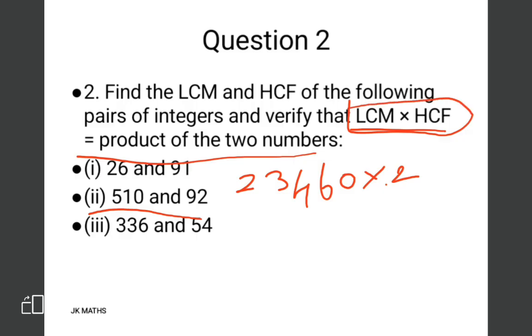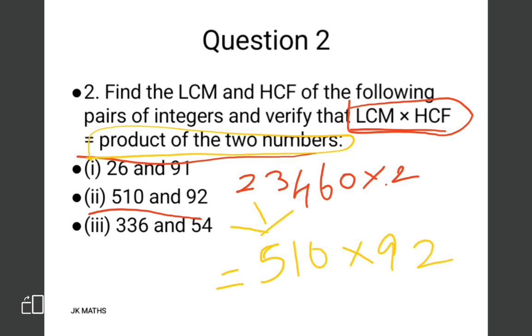Now let's go to RHS, the product of two numbers, which is 510 into 92. So we should prove this and this are equal.